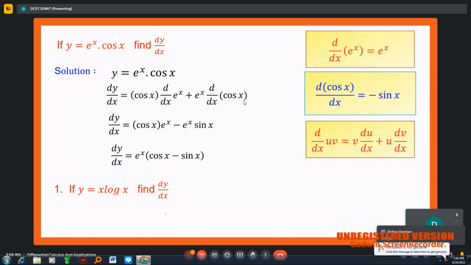One plus log x. Okay. All of you got 1 plus log x? Yes, okay. Second problem. Try this one. x tan x.